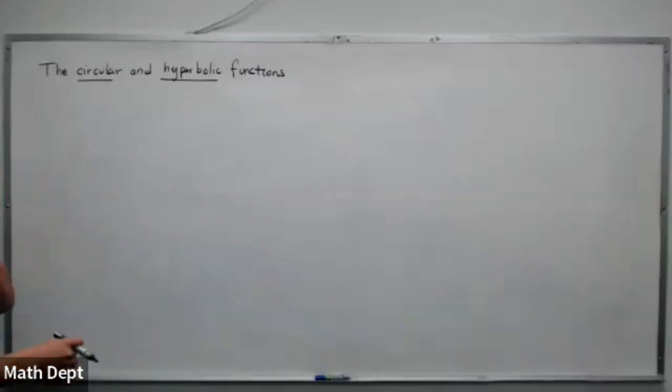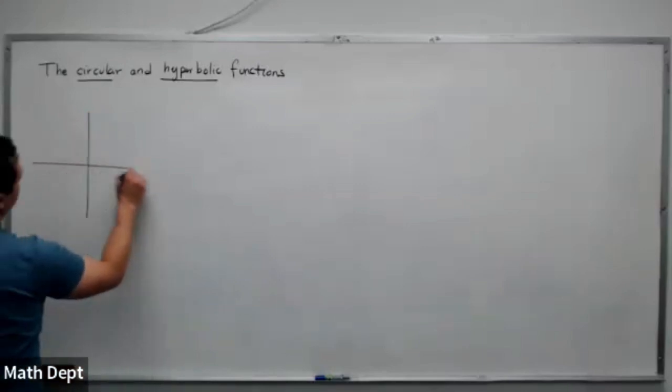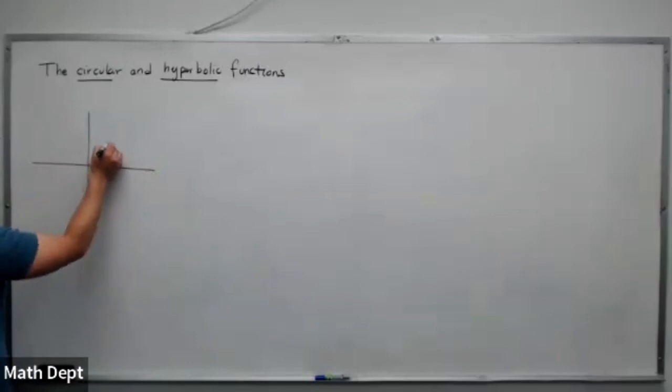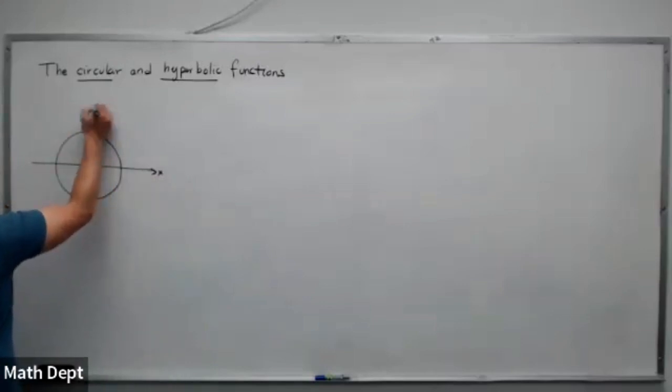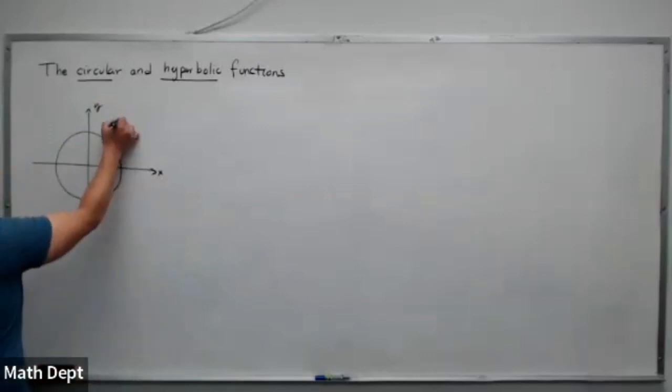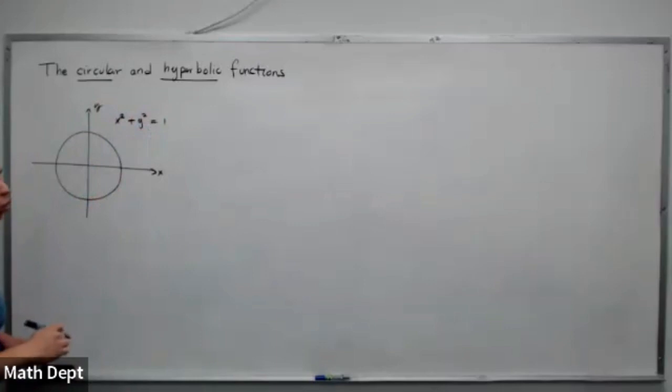But to start with this, let me initiate with the following configuration, which is the one that we're most accustomed to. So if I start with a unit circle on a coordinated XY plane, we know that it satisfies the equation x squared plus y squared equal to 1.